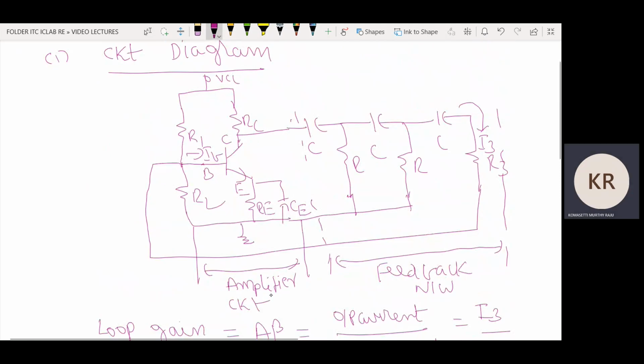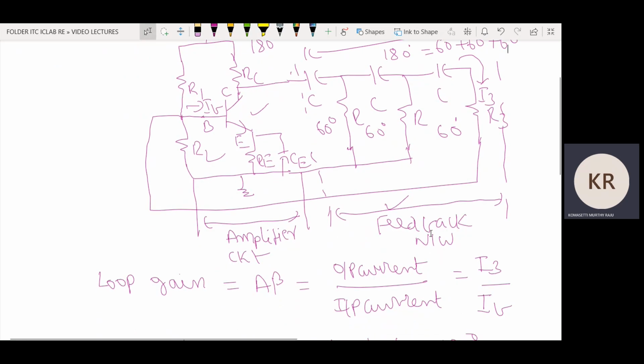This one is the amplifier circuit, which introduces a 180 degrees phase shift. This is the feedback network, which introduces another 180 degrees phase shift. Total phase shift 180 plus 180, 360 degrees. Therefore, each RC section introduces 60 degrees phase shift. Total phase shift 60 plus 60 plus 60 is equal to 180. Okay, this condition is satisfied.